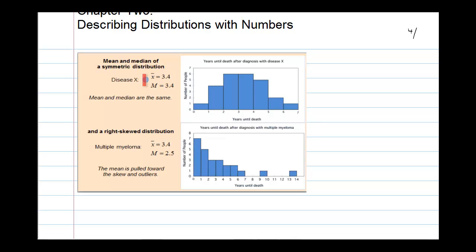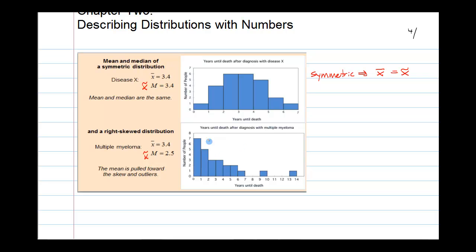So when we're looking at these for disease X, this is kind of our unknown. Notice that x bar, which is our sample mean, and M, which is our sample median. And again, please keep in mind that sometimes you'll see this denoted as x tilde, same as the one down here. The mean and median are the same, and my picture looks to be very symmetric. So what we have here is a symmetric distribution. And because it's symmetric, this implies that x bar and x tilde, or the cap M, are the same.